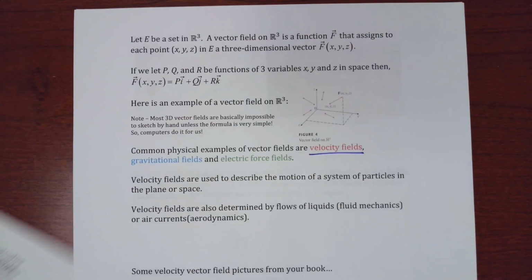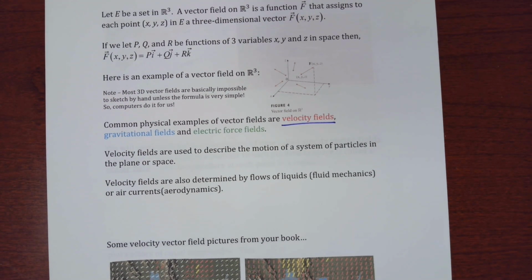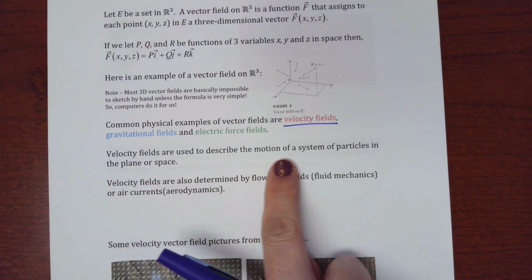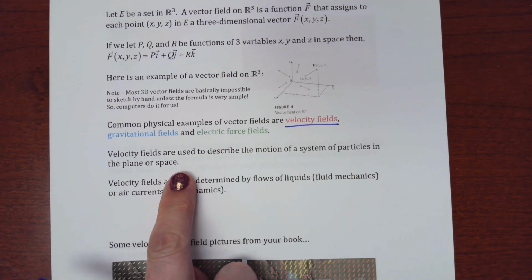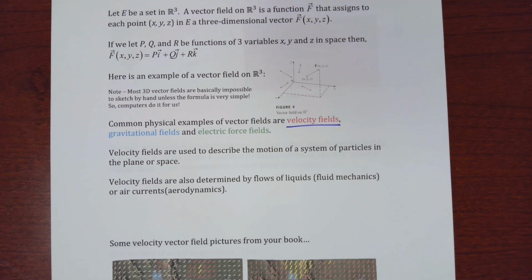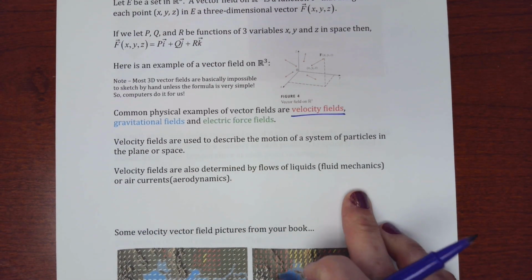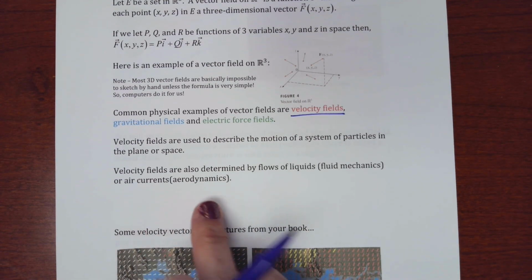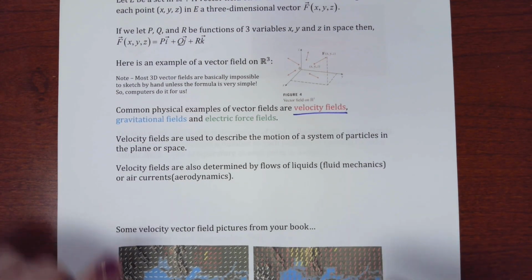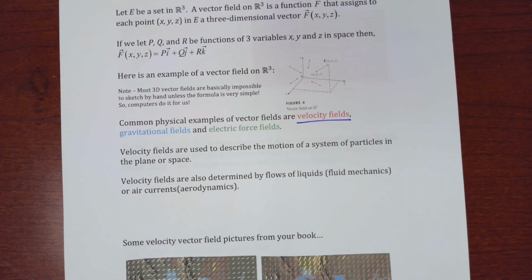Velocity fields are used to describe motion of a system of particles in the plane or space. Velocity fields are also determined by flows of liquids, like fluid mechanics, or air currents, which is aerodynamics. So they use those quite a bit if you're going to study one of those things.